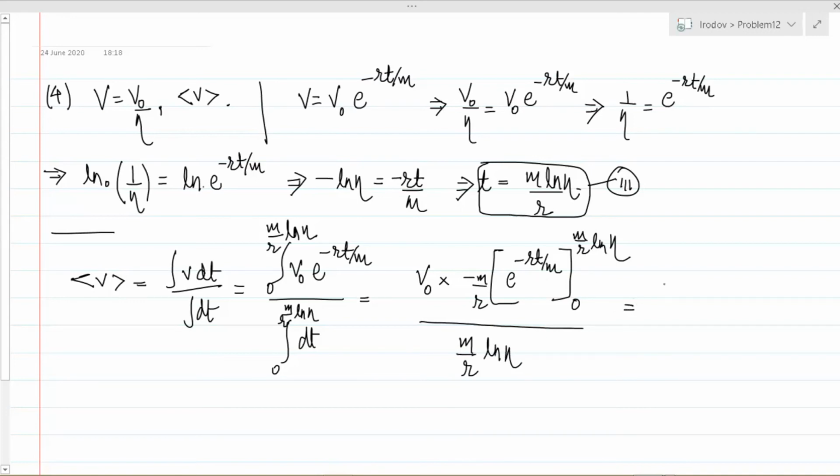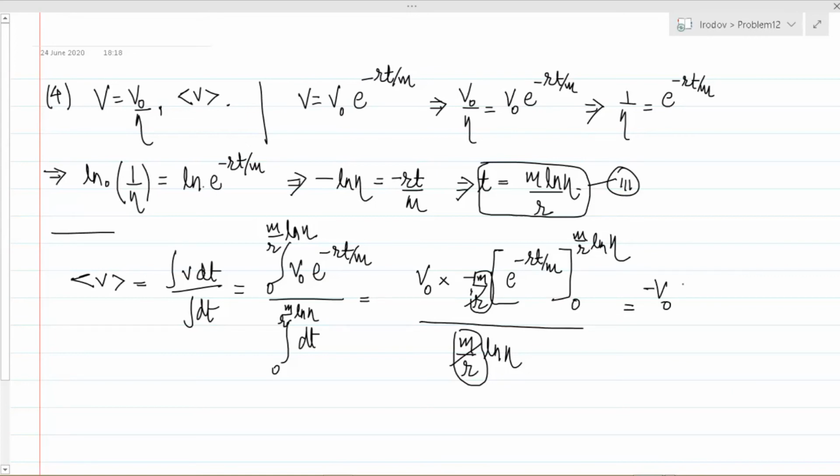This is equal to v naught m by r from the numerator, and the denominator m by r ln eta, and from the denominator and the numerator both cancel. We have minus v naught, and then we put the limits.